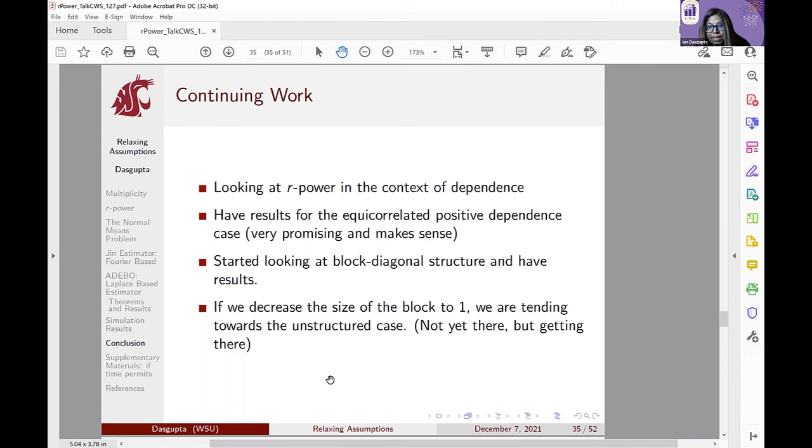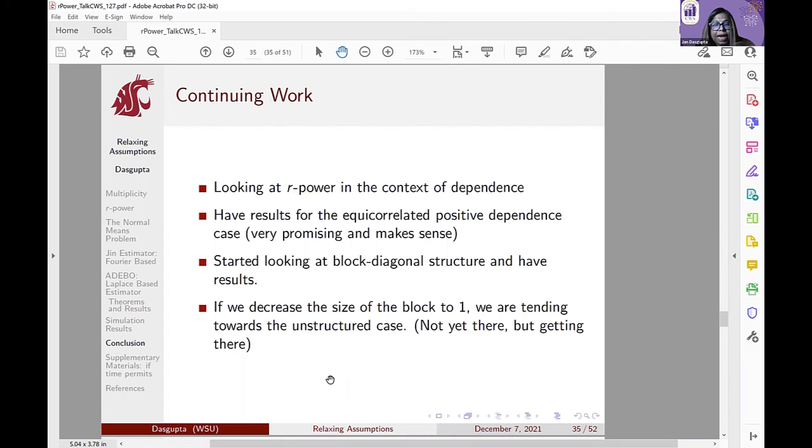The other piece is that if I make the block size equal to the number of hypotheses, then I have basically the equicorrelated case. If I make the block size small, to the point where each block is one unit, then we have the unstructured correlation case. So we thought, let's start here, and we have gotten some pretty good results about the block diagonal structure.